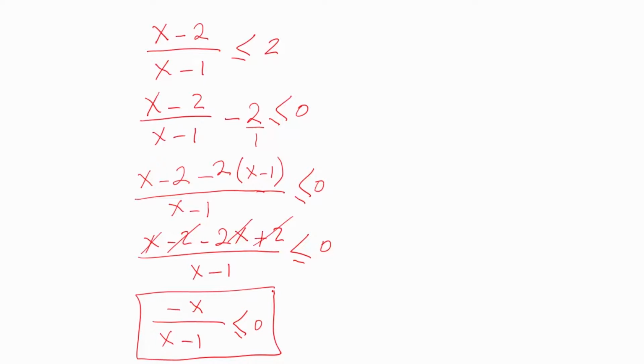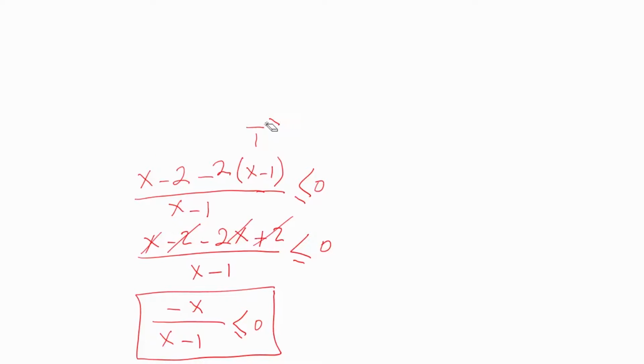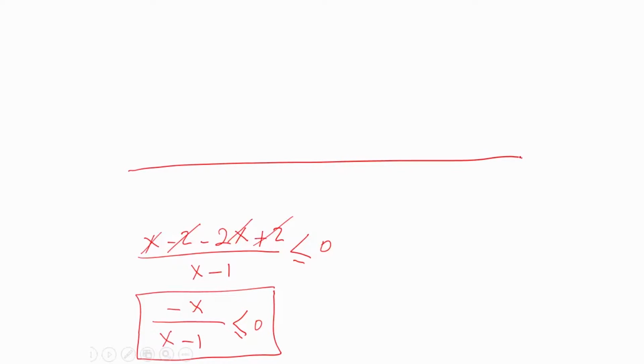Now, this rational expression here, -x/(x - 1). As before, we're going to do a number line and find the critical points. So here's infinity, here's minus infinity, here is 0, say.